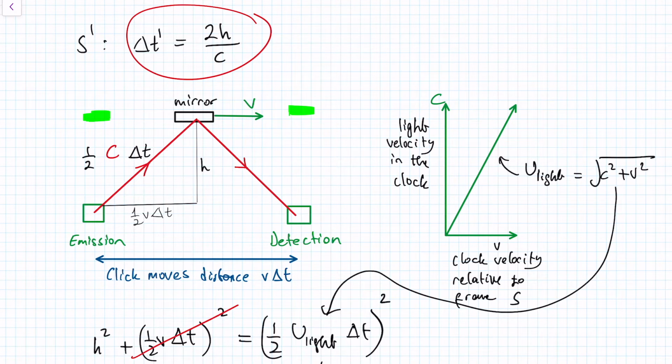Because whether you are observing a train from the platform, with the train moving with some velocity v, or you are doing the measurement inside the train, moving with the train, the speed of light is just c. It doesn't change. This is where we bring in relativity. And now, again using the Pythagoras theorem for this triangle, we will get this equation.